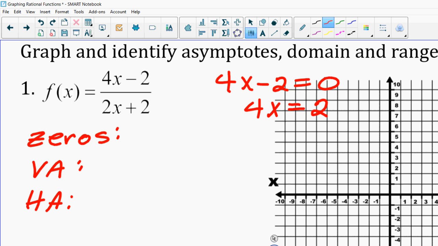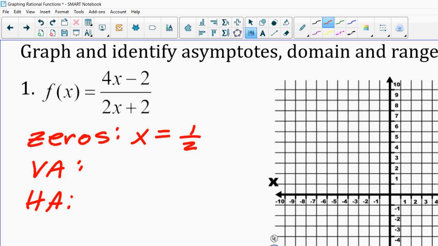Divide by 4. X equals half. What does it mean to have a 0? Crosses the x-axis. So you can go over here and cross the x-axis right there, at x equals a half.